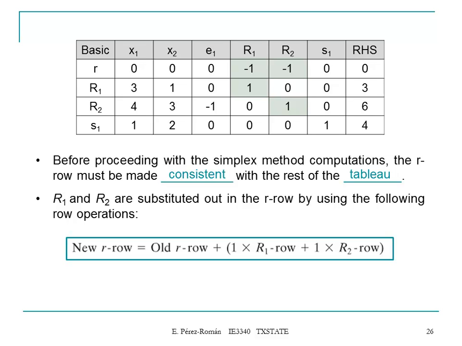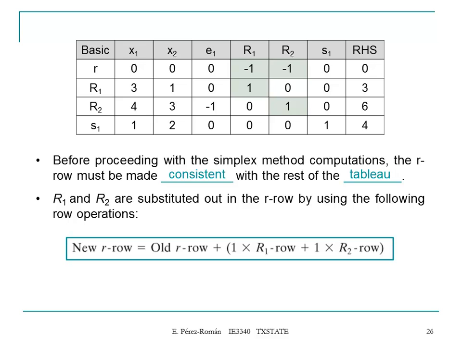And that would not be the case for your first tableau on the first phase, ever. So you're going to have to modify these values for those variables that are basic variables. Okay, that's always true. You're going to have to do that every time you start solving using the two-phase method. Okay, so we're going to make these two values 0.